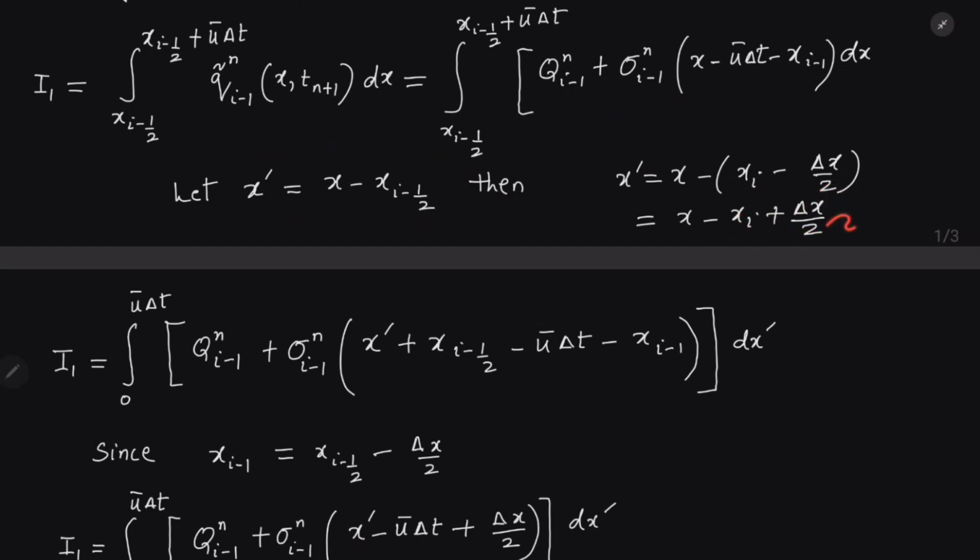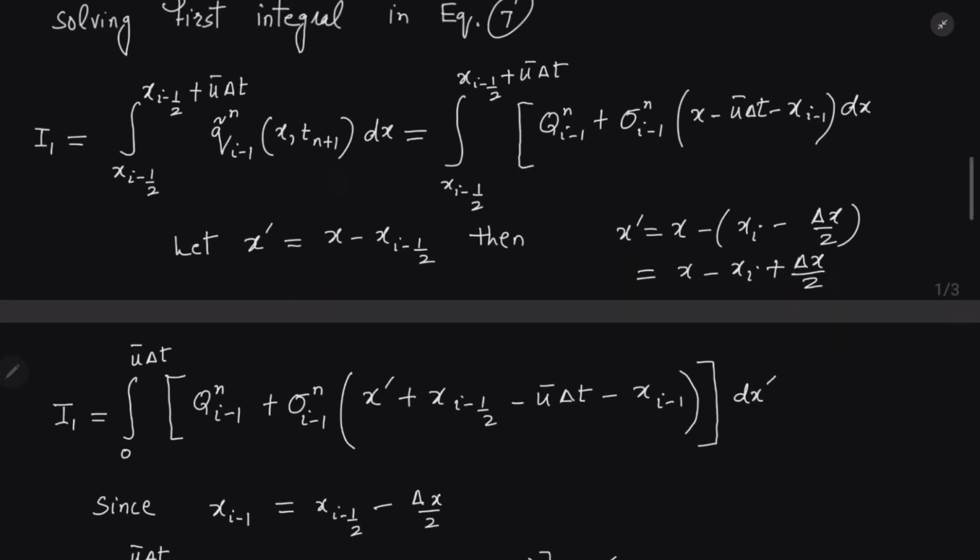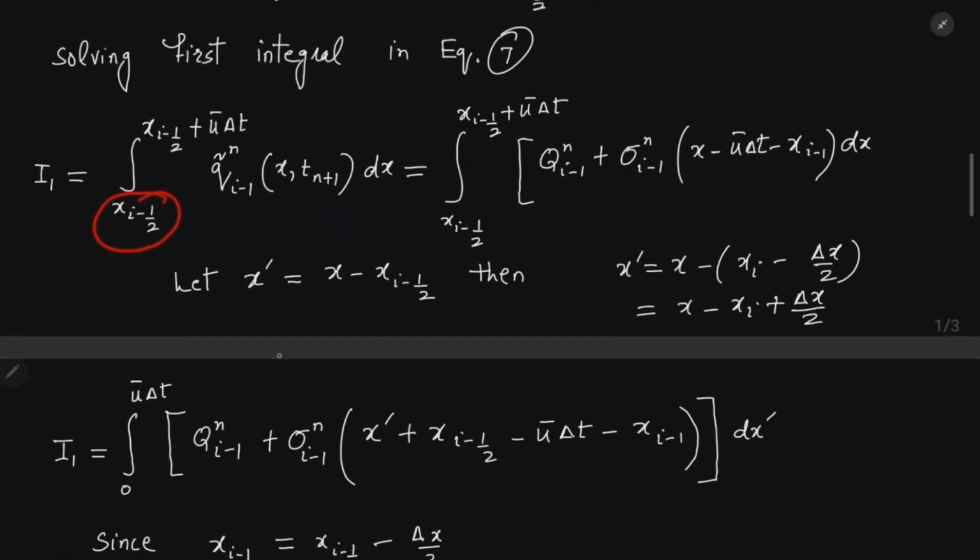So after solving it, we get x dash, this value over here. The lower limit, when x is equal to x_{i-1/2}, this will be cancelled out. We get 0, so we have lower limit 0. When we put the upper limit x_{i-1/2} plus u bar delta t over here, then we get u bar delta t after some cancellation.